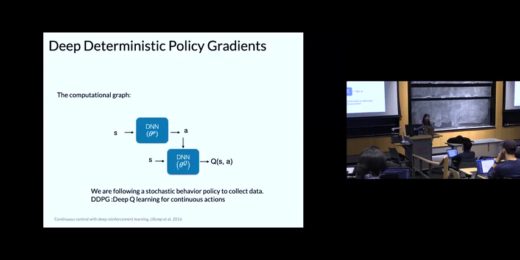Okay? So again, what you see in the slide, we have a critic, theta Q, which given a state and action tells you how good is the state and action, and an actor, theta mu, that takes a state, spits out actions. And DDPG essentially tells you how to update the actor by backpropagating directly through the critic.